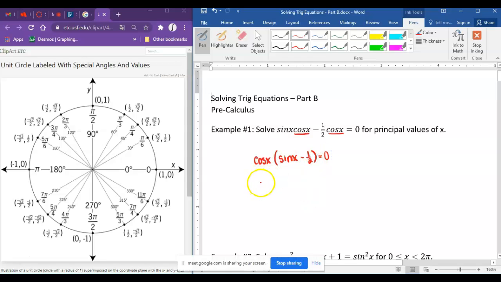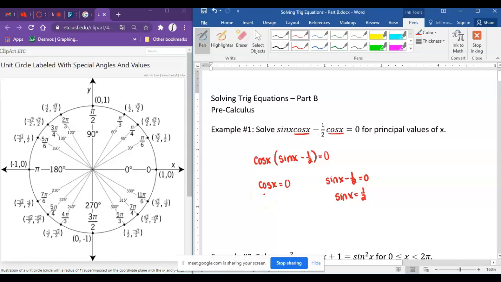So I can just set each one of these equal to 0. And so sine x will equal 1/2, and of course cosine x equals 0.